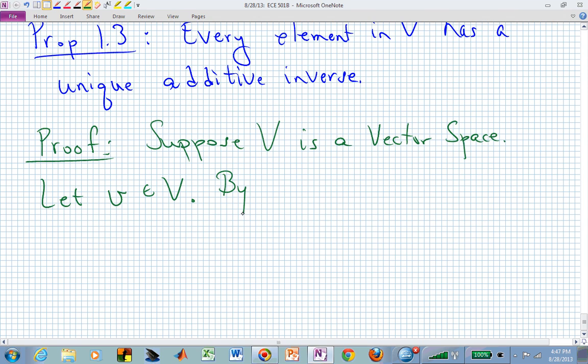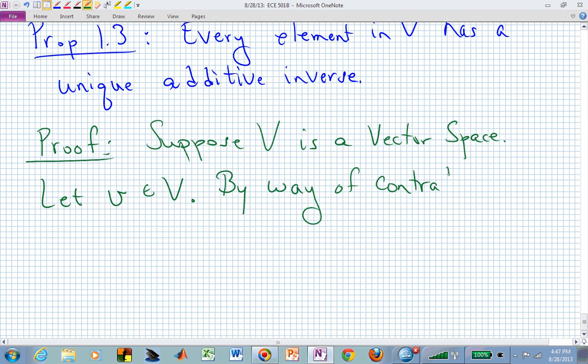Now, what we're going to do, anticipating that we're going to use contradiction to make this proof work, I'm going to just say by way of contradiction, forewarning us what we're doing.